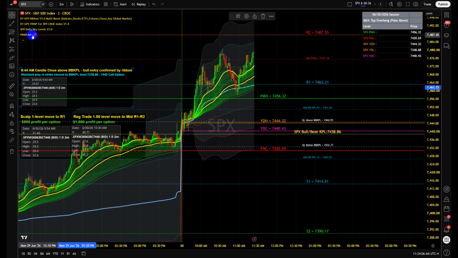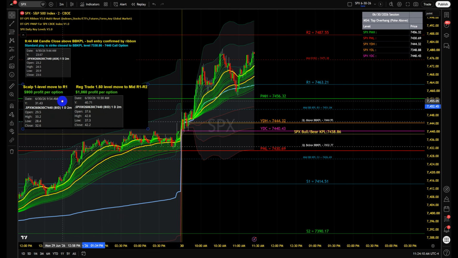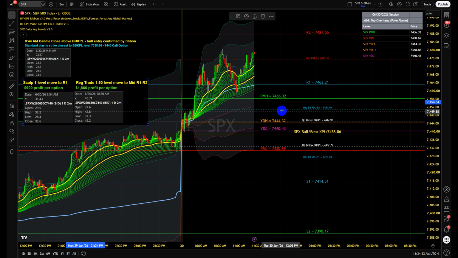All right, so we'll go ahead and move these out of the way now. As you can see here, we're also above the VWAP on this 9:44 a.m. close. So that's an additional confirmation. However, the main entry signal is going to be your close above a main key level or a contextual level.